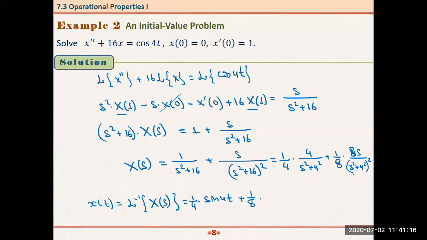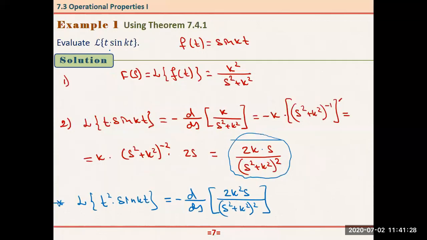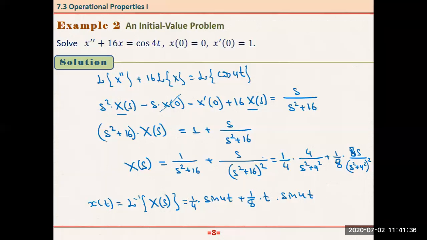That's equal to t times sine of 4t, right? T times sine of 4t is equal to 8s over s squared plus 4 squared, squared, which is 16 squared. So that is this thing.